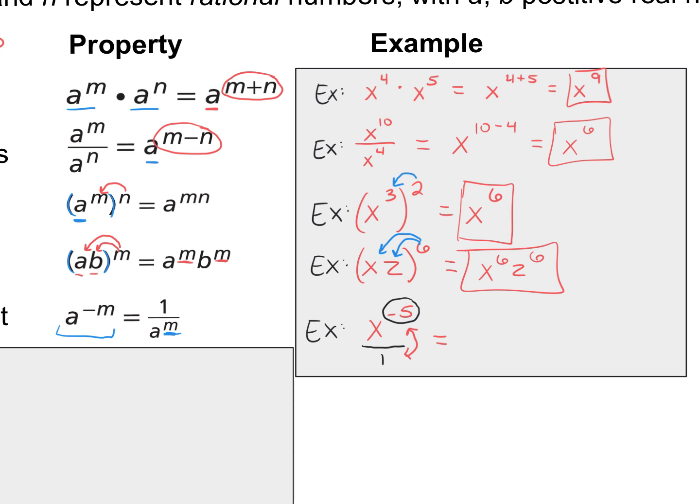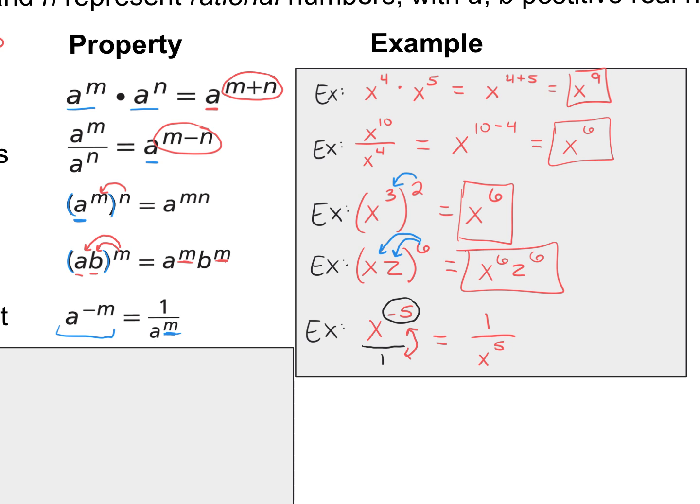So instead of x to the negative 5th over 1, our 1 is now on the top, and then the bottom is x to the positive 5. So when you move exponents from top to bottom, it changes the sign of the exponent automatically.